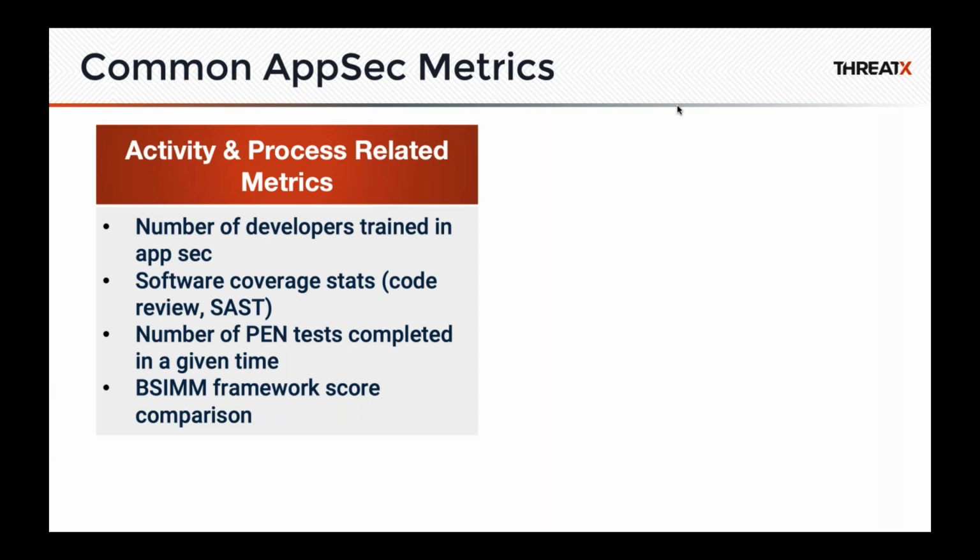BSIMM publishes those security practices and scores for about 100+ enterprises on an annual basis. So you can compare yourself against all those companies, or against any subset. Maybe you want to take the ones from a given vertical, or the ones more closely related to your size. I find this to be a pretty nice measure of security maturity against peers, so I encourage you to check it out.